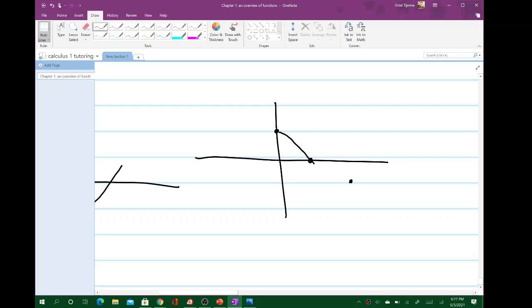It's something like this. Right, and then you do the same thing for the other side. Okay, this is y equals cosine x. Alright.